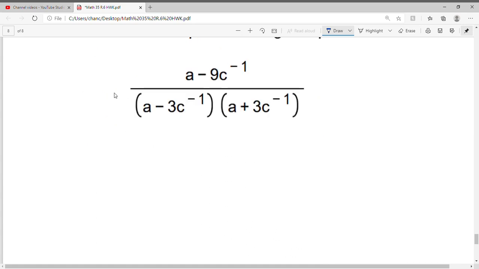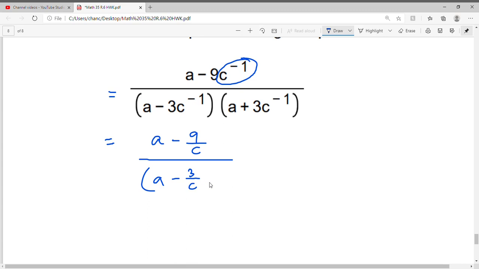For question number 18, let's rewrite this as a minus 9 over c, again, this negative 1 only affects the c, over a minus 3 over c times a plus 3 over c.